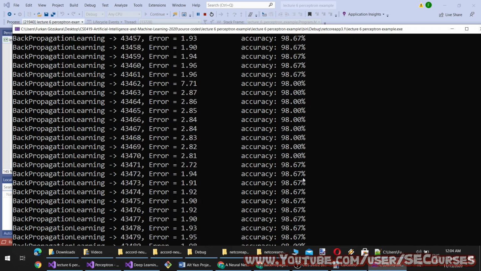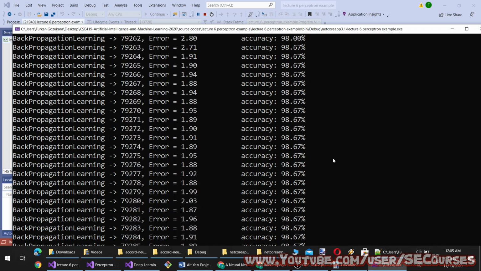Oh, it's changing again. Maybe we can get 100%. I am seeing 99%. Yeah, it is getting 99%. So you can stop the epochs when you get over 99%, or let's say after 100,000 iterations.